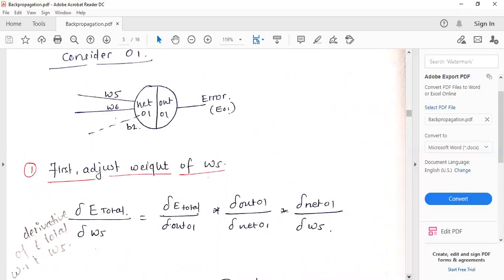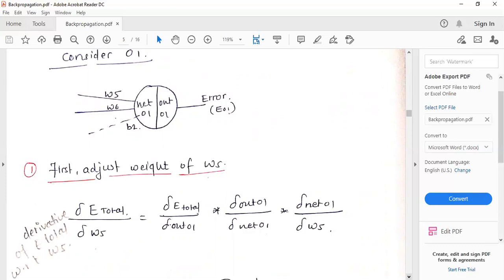By considering this, they have given one chain rule: total error divided by output coming from O1, then output coming from O1 to net O1, and net O1 to W5. So this is only for W5, meaning to adjust the weight of W5.